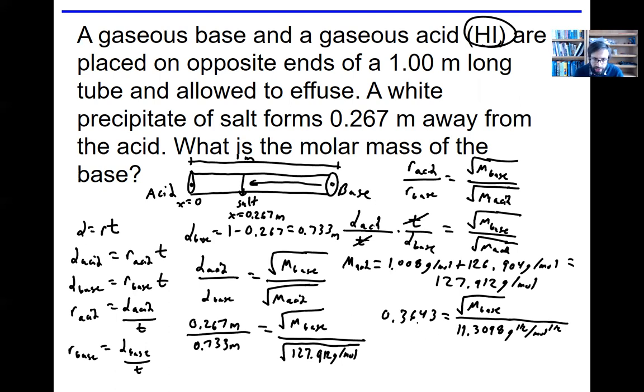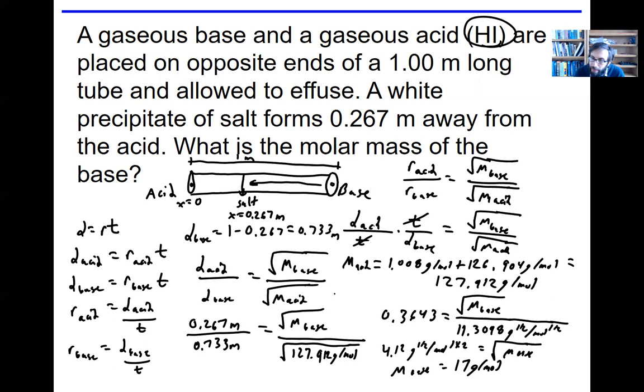Now we multiply 0.3643 times that 11 value, and that gets us 4.12 square root of grams per mole. And now we're going to square the whole expression. So 4.12 squared will get us our final answer. The final answer is about 17 grams per mole.